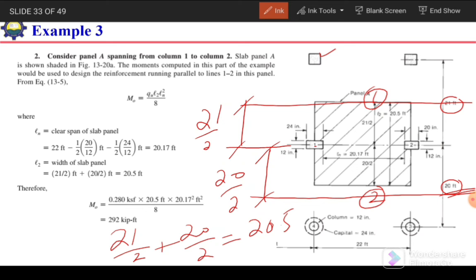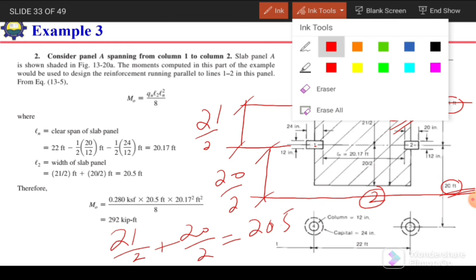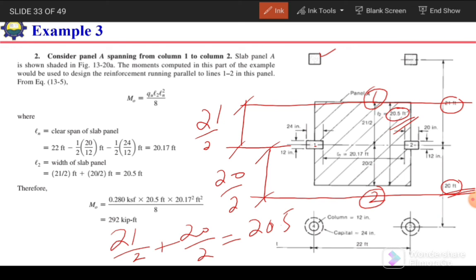So the width of this frame will be 20.5 feet, which is given over here. This is also explained here, the width L2, width of slab panel, which is 21 by 2 and 20 by 2, 20.5.